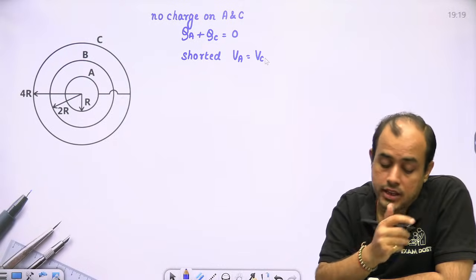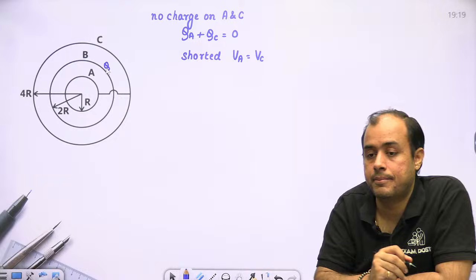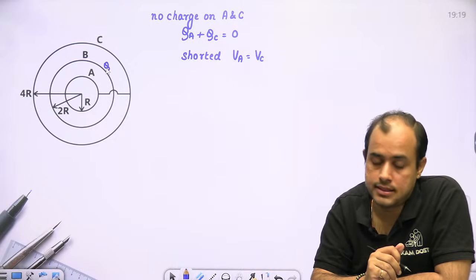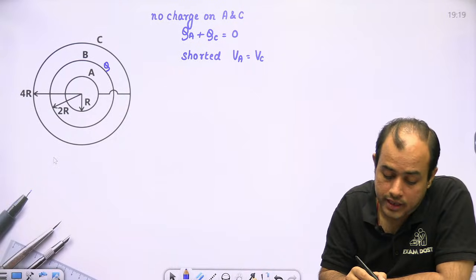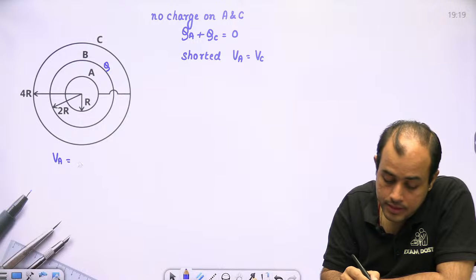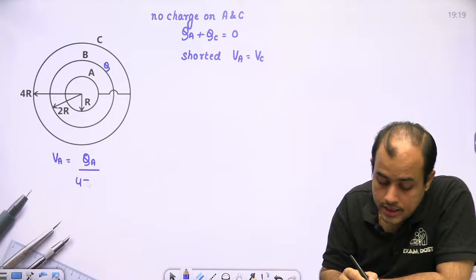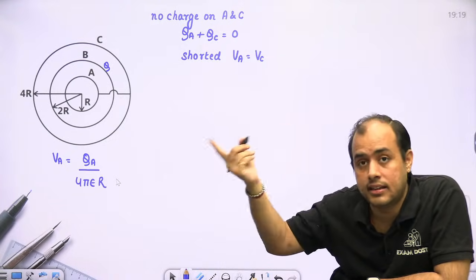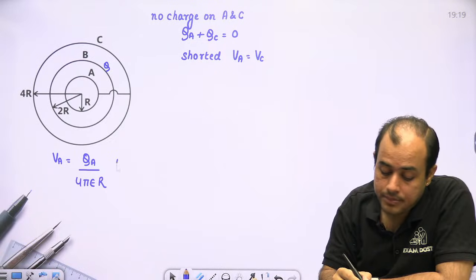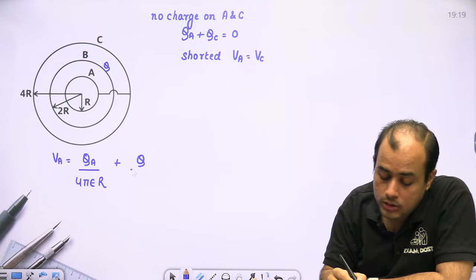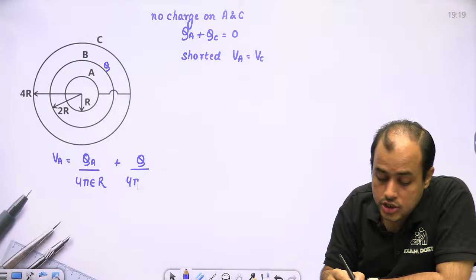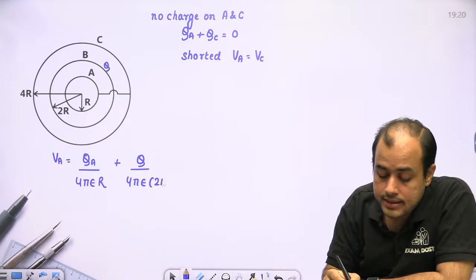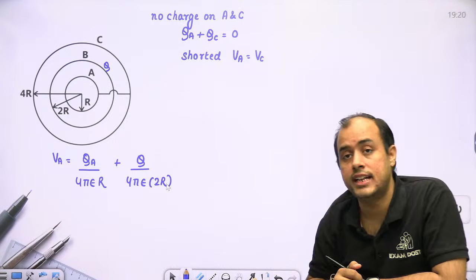Now beta, we have given a charge Q to B. Now what happens? What is the potential of A? QA by 4 pi epsilon R. Now B and C lie outside. For a sphere lying outside, the potential inside is same as the surface potential.